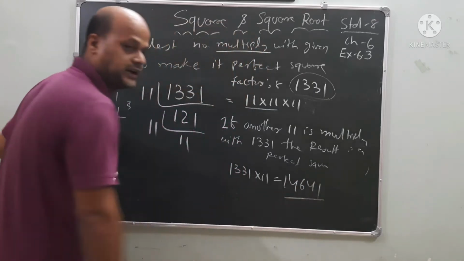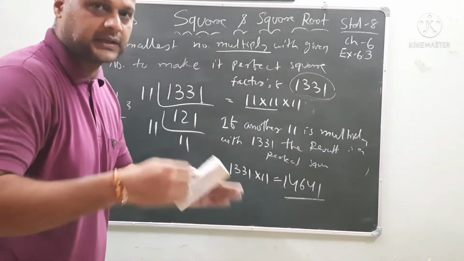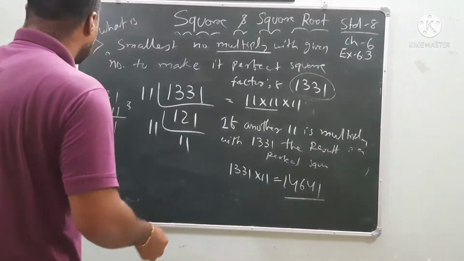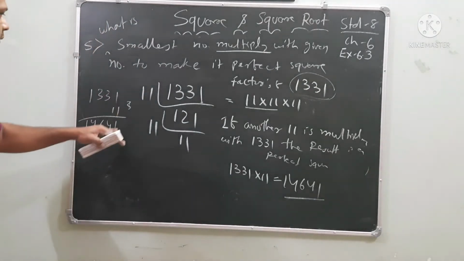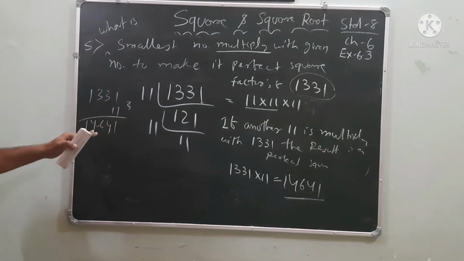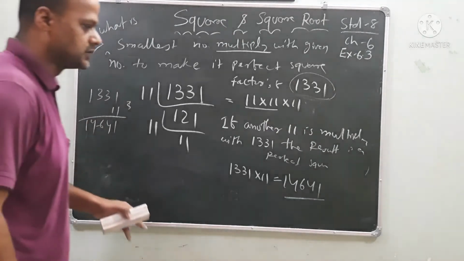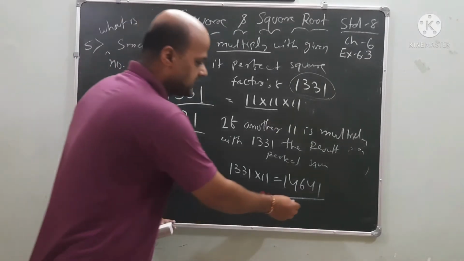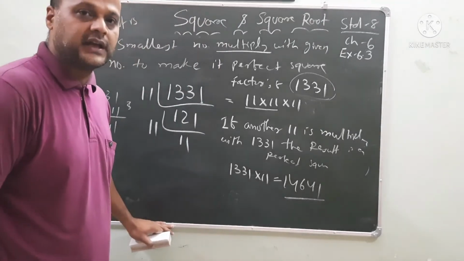Okay, maybe I am wrong. In the time of multiplication it may come wrong. Okay, well, let's do it again. 11 1 1 1, 33 1 4. Okay, it's correct.